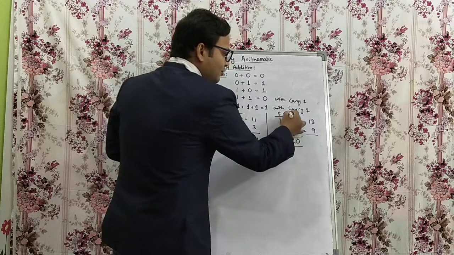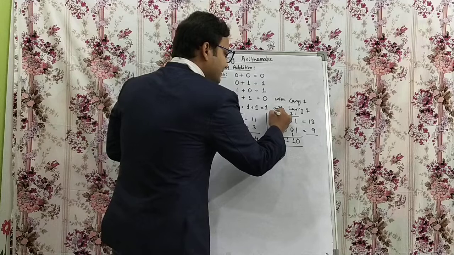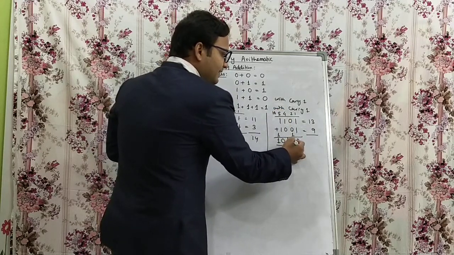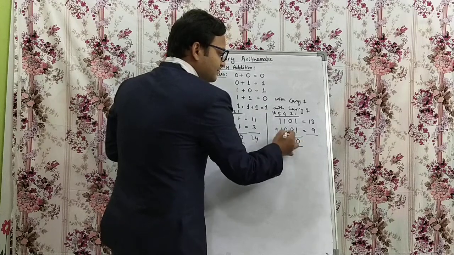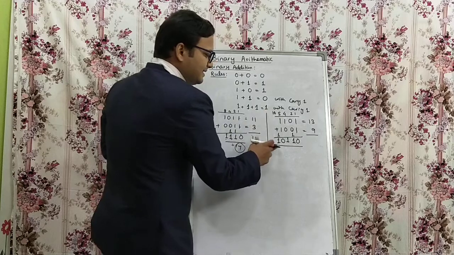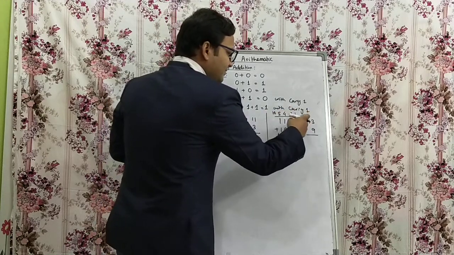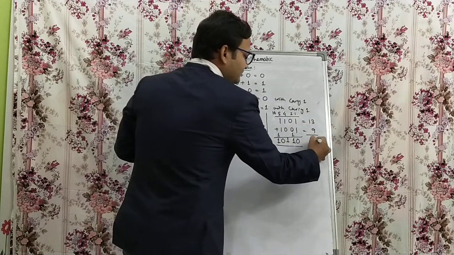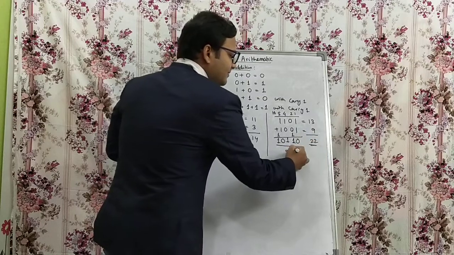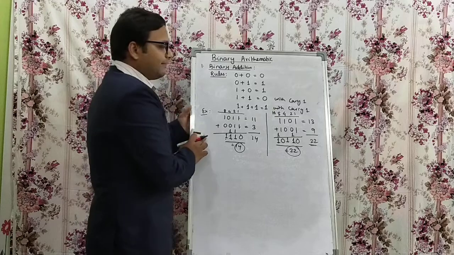So see here, 2 plus 4 is 6, sorry, this is 16 because another bit is there. 16 plus 4 is 20, 20 plus 2 is 22. You can see this is also 13 plus 9 equals 22. The binary result converted into decimal is also 22. So this is called binary addition.